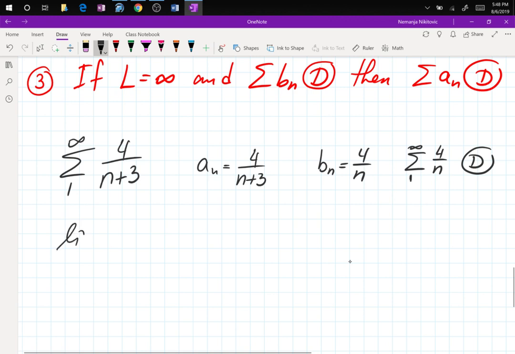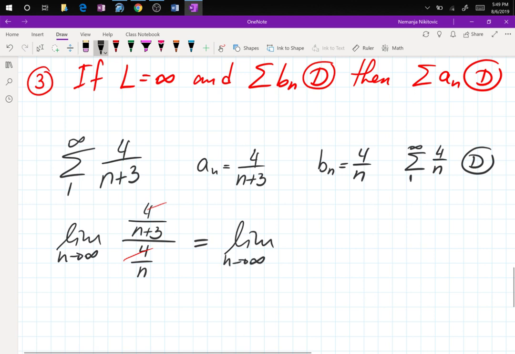So now limit as n goes to infinity of an, which is 4 over n plus 3, divided by bn, which is 4 over n. And you just need to solve this limit. So these 4's will cancel, and we have limit n goes to infinity of n over n plus 3, which is equal to 1.